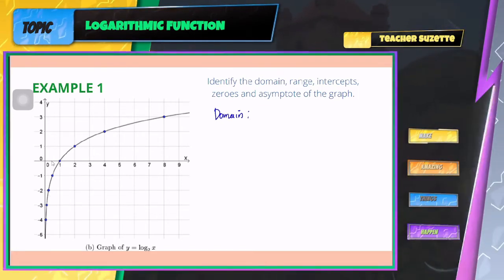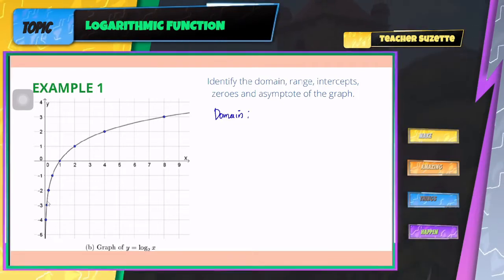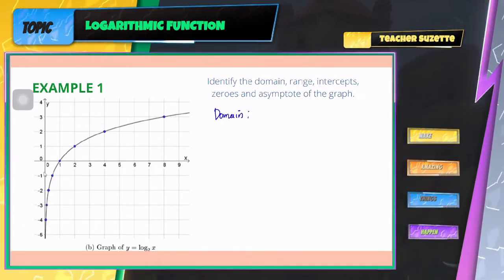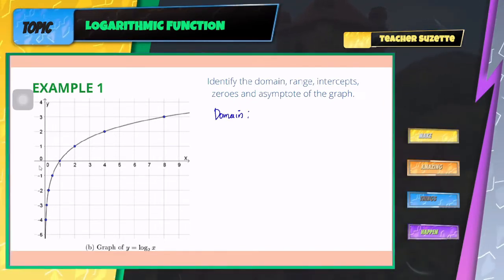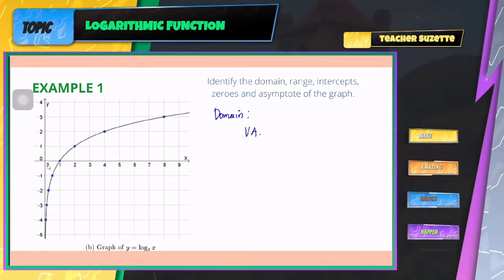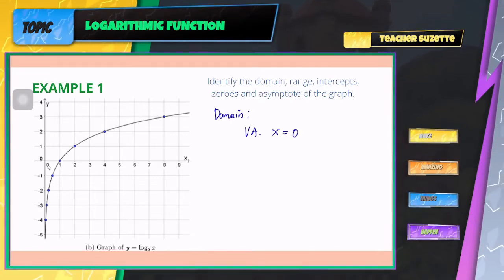As your x decreases, as you can see, the behavior of your y values is that they are approaching your y-axis. And this y-axis is the vertical asymptote of our graph, wherein we have x is equal to 0.